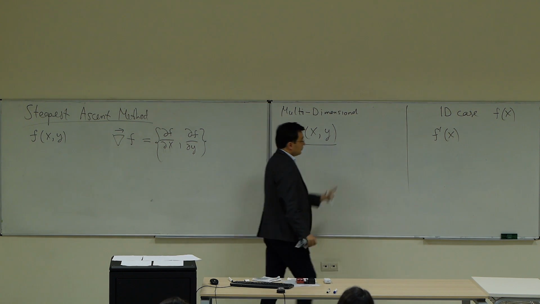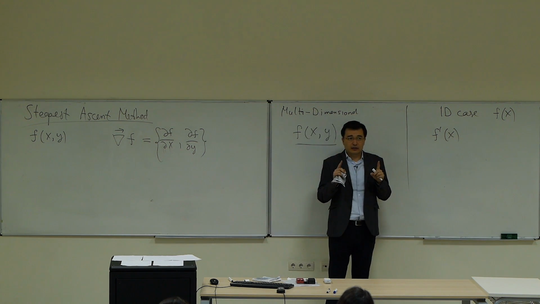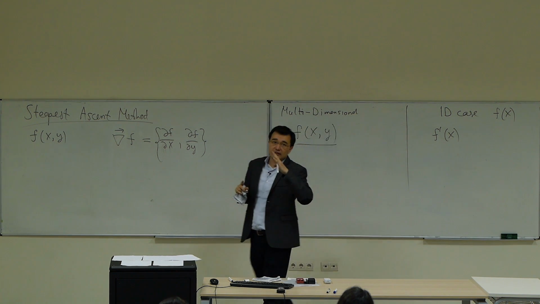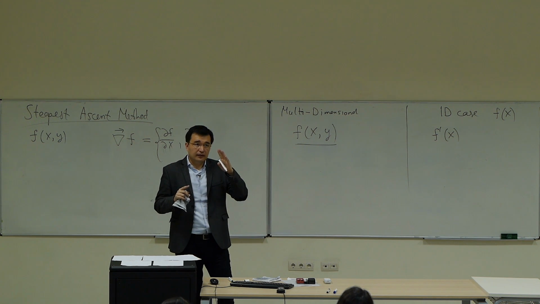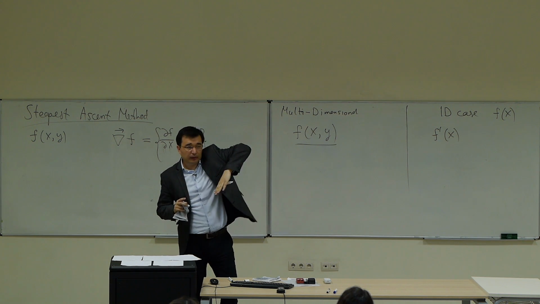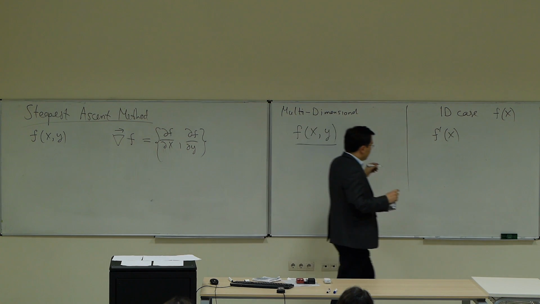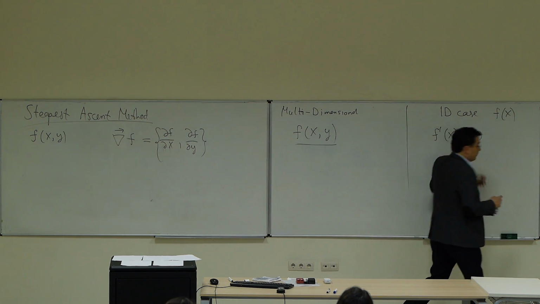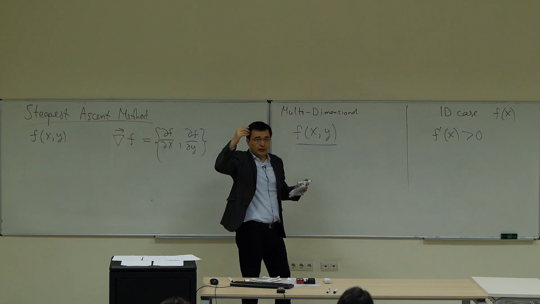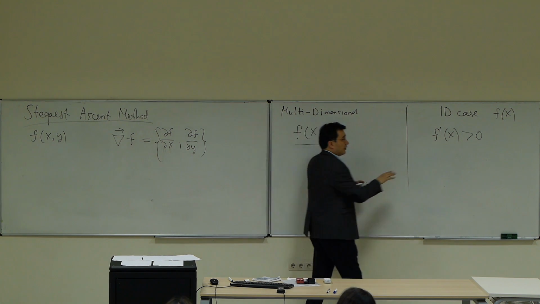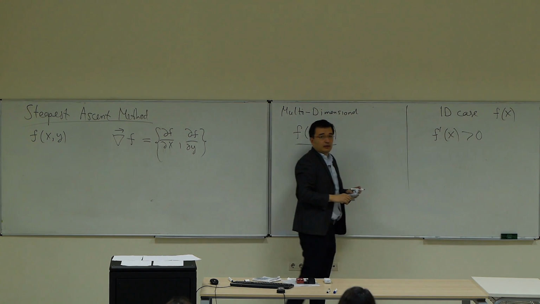First, the magnitude of this derivative tells us the slope. The sign of this derivative tells us whether the slope is this way or that way. In other words, if this is positive, it means if you increase x, function also increases. If you decrease x, function also decreases, right? If derivative is positive.